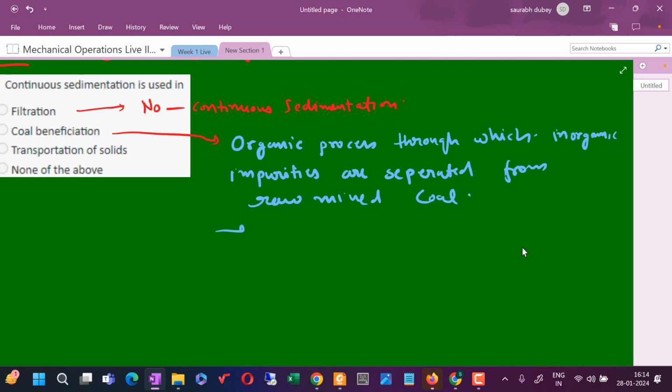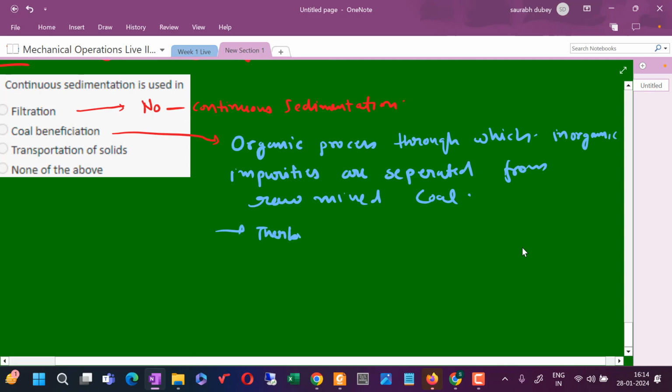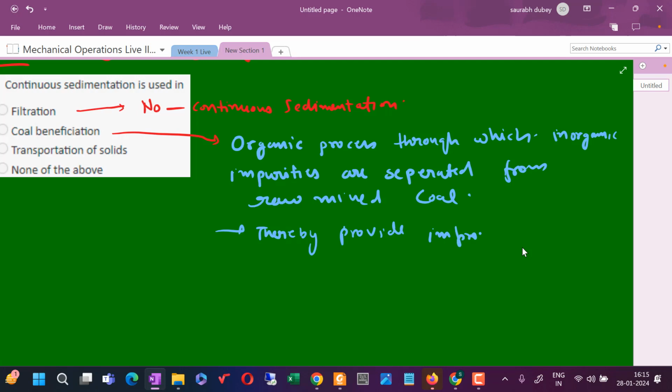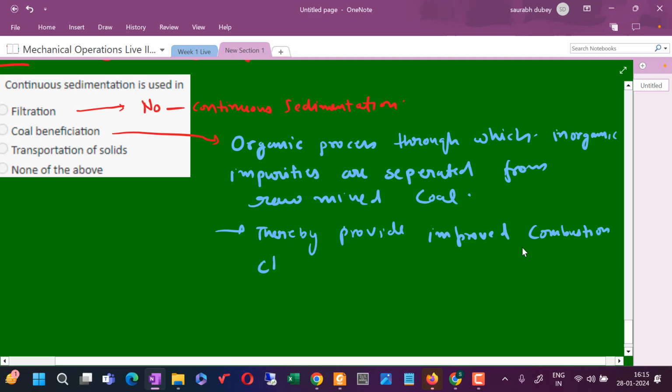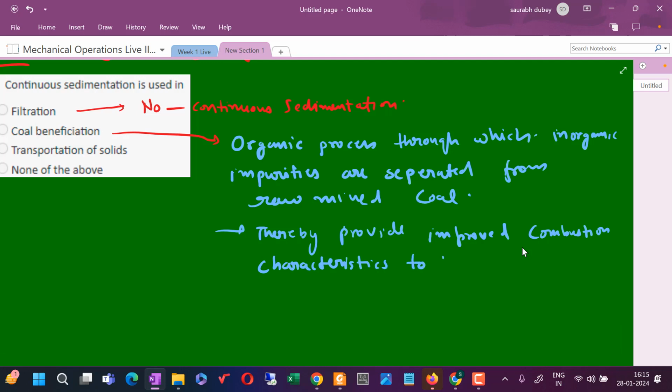Thereby providing improved combustion characteristics to the fuel produced.